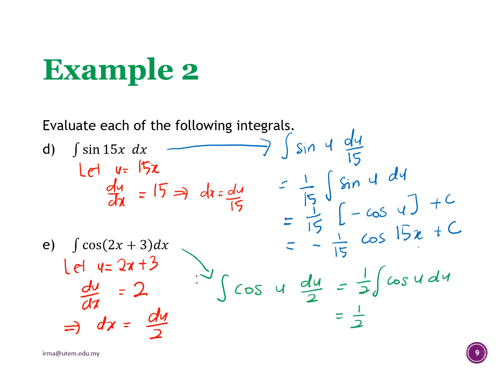You will get sine u plus c. You will get half sine u, where u is 2x plus 3, plus c. So these are the examples for trigonometry.